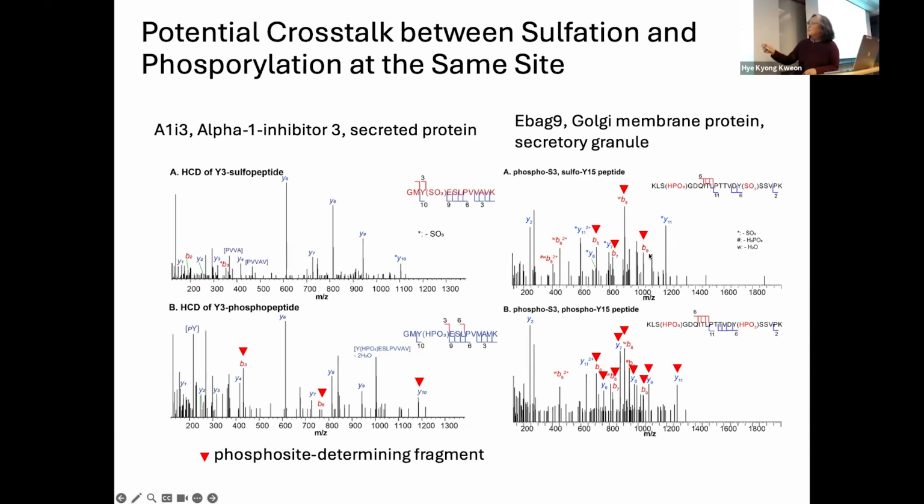But in another case, the same peptide is doubly phosphorylated, on serine 3 and tyrosine 15. Because it's phosphorylated, there are all these fragments carrying the modifications, allowing us to localize both phosphorylation sites here.